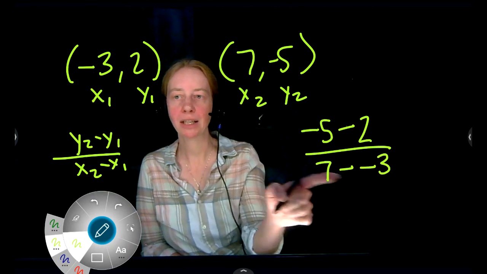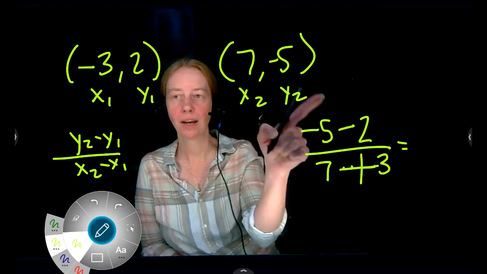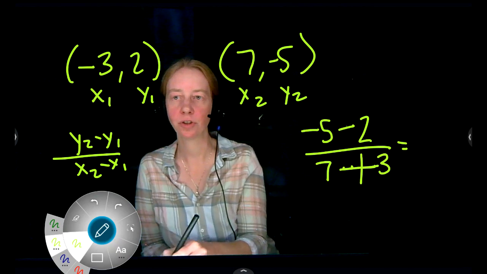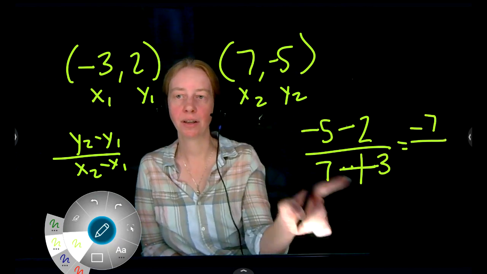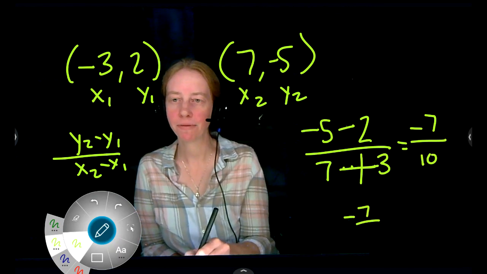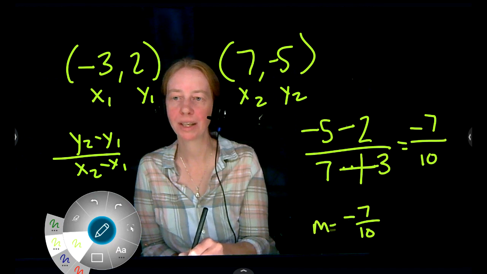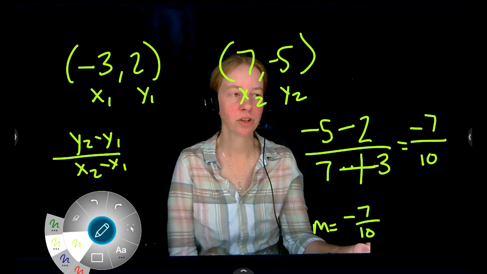So now I have a minus and a minus. That actually turns into a plus. So I have -5 minus 2, which is -7, divided by 7 plus 3, which is 10. And we can't simplify that further, so we would just say that the slope is -7/10. Let me know if you have any questions about that.